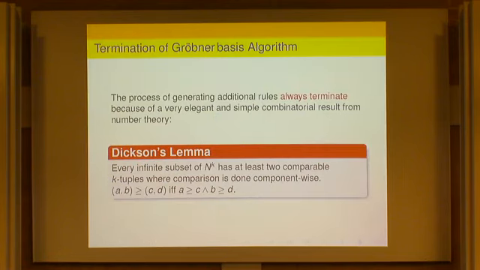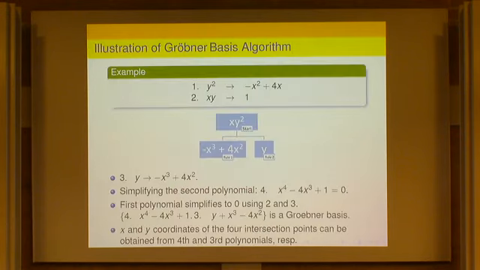Okay, so this is the beautiful Dixon's lemma, which is used to show termination. The idea is very simple. What you're looking at is the left-hand sides, and you do comparison based on whether one particular left-hand side reduces another left-hand side.